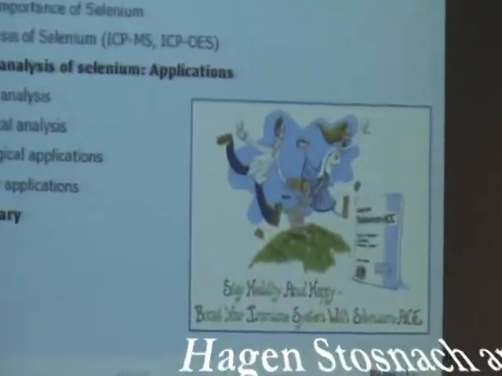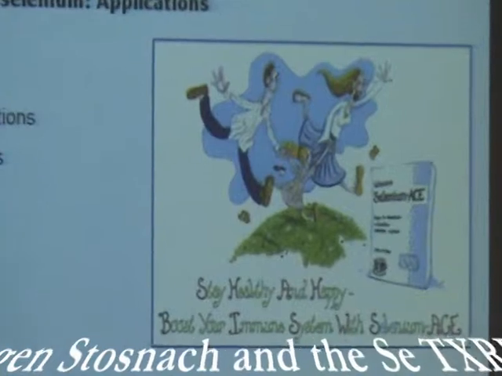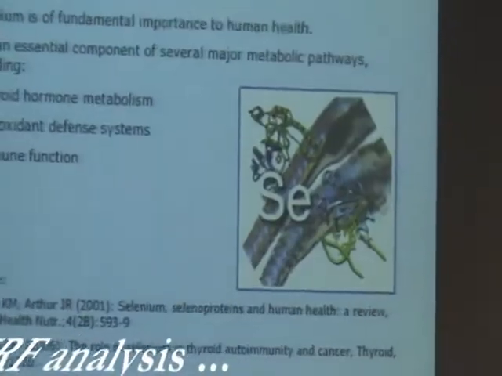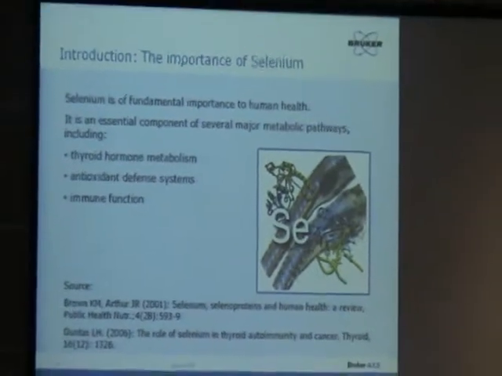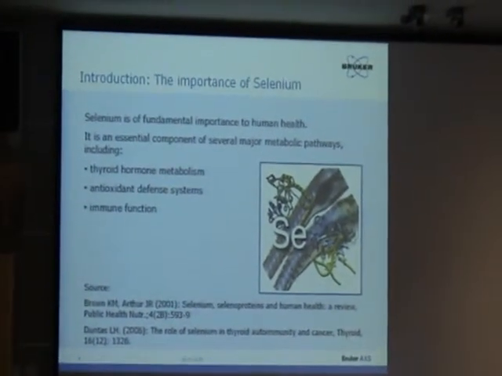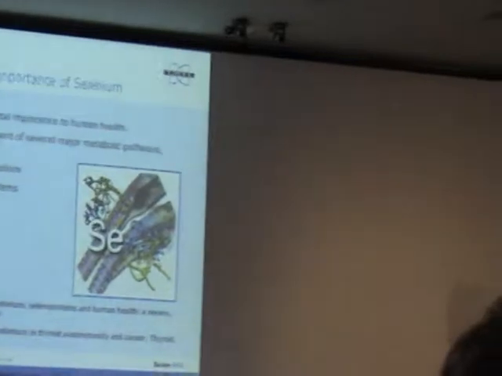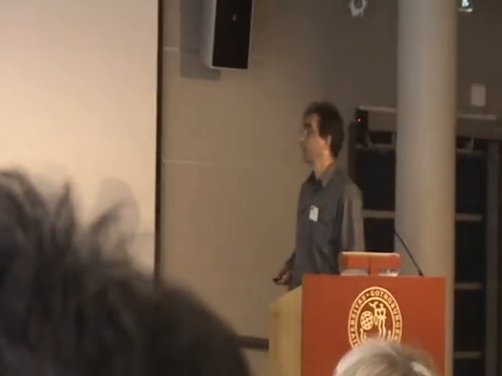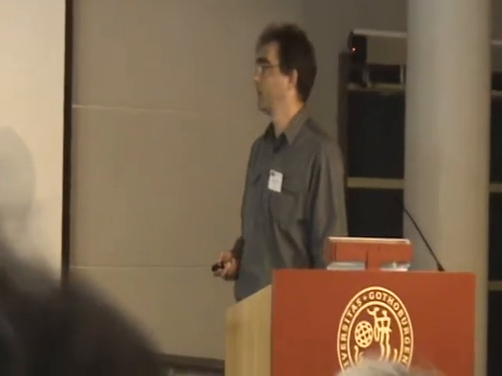Okay, now I keep the time because I will tell something about some applications regarding food, medical, biological, and other applications. So, why do we care about selenium? Because more and more in the past, scientists have found out that there is a big fundamental importance of selenium to human health.